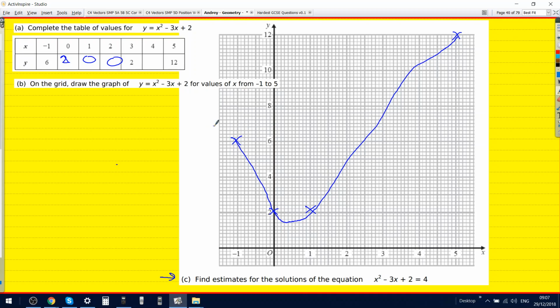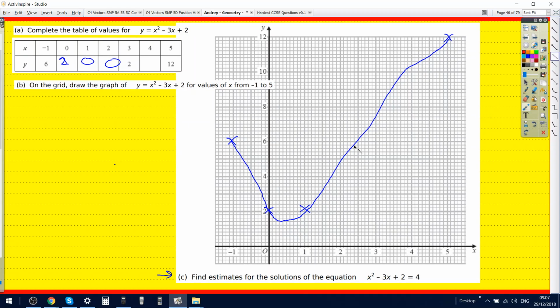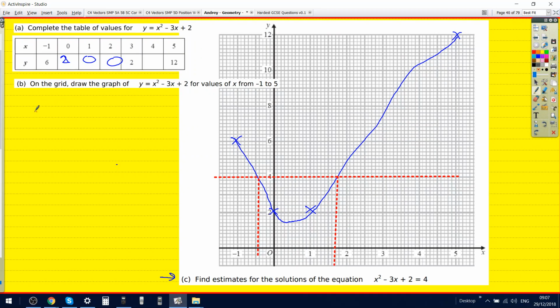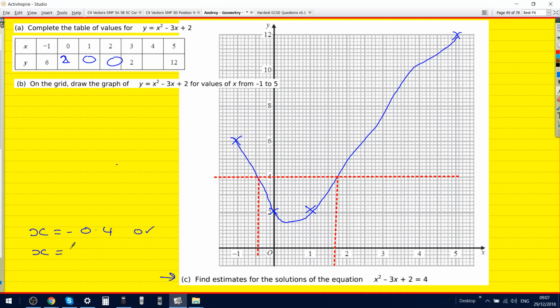Okay, how do we do this one? I think what I need to do is draw a line y equals 4, and then where you see that they touched the line, you draw a line down, and then I think x is either minus 0.4 or 1.7.